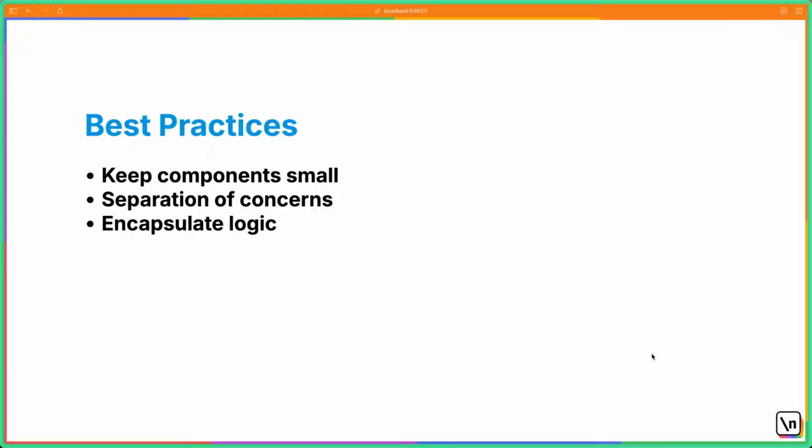Here are the best practices to keep in mind when composing components. The first is keeping components small, breaking down complex components into smaller, reusable ones to promote their usability and maintainability. The second is separation of concerns, following the principle from software engineering, and ensuring that each component has a single responsibility and is focused on a specific UI aspect.